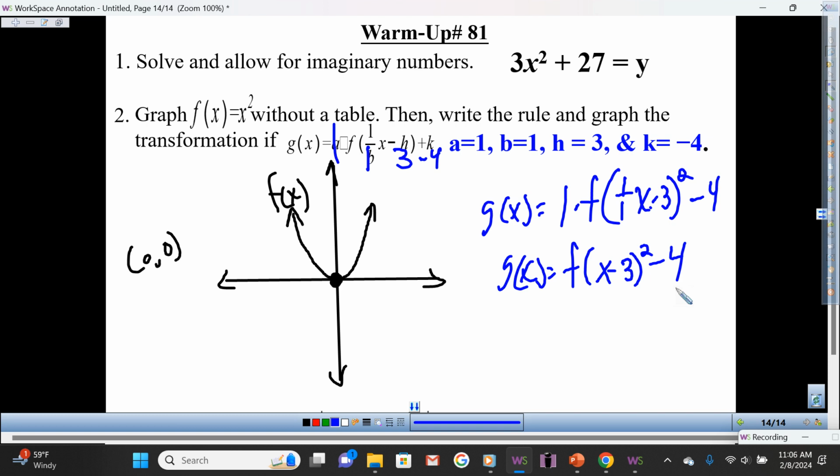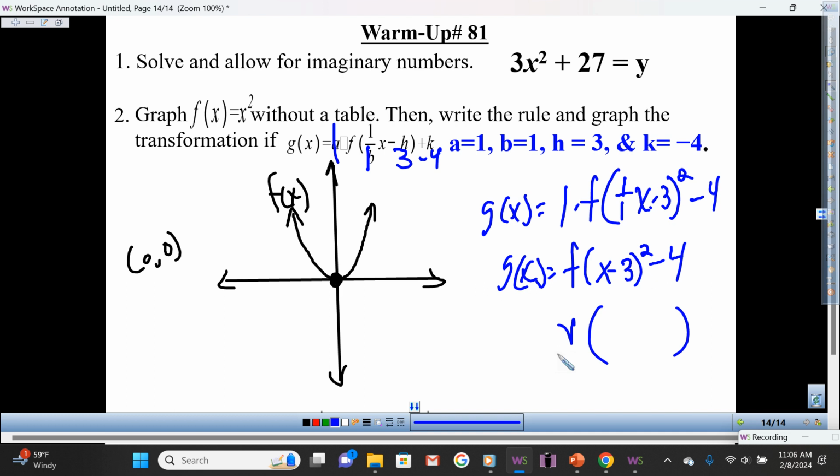Therefore, tell your neighbor the vertex for the new transformation. What is the vertex of the new transformation? All right, looks like Rylan's got it.